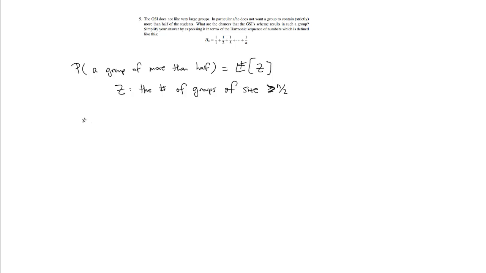Now we can write Z as the sum of more indicator random variables. Call them Zk, where k is between n over 2 and n, where Zk is the number of groups of size k.